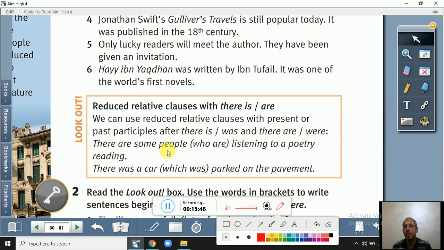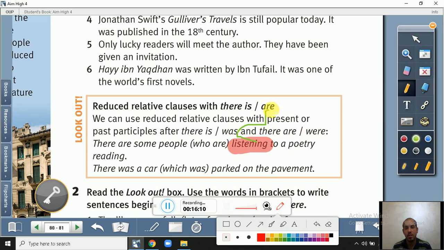There are some people who are listening to a poetry reading. Now this who are, the relative clause, is followed by a present participle. Look here, we have listening. So that's why I can delete this clause. And I can say there are some people listening to a poetry reading.